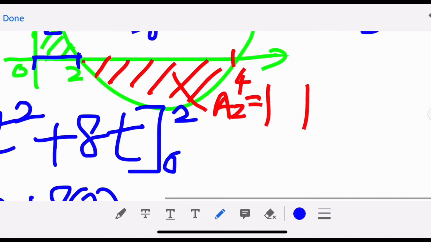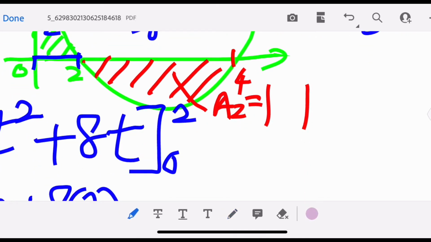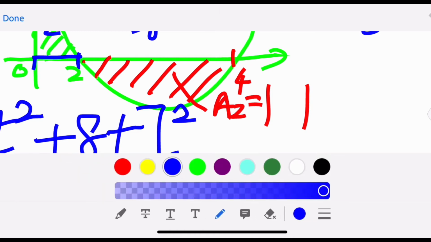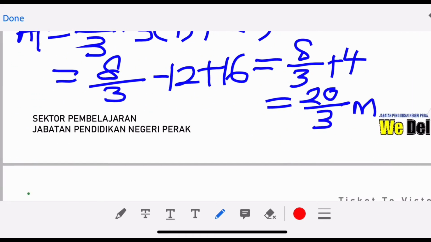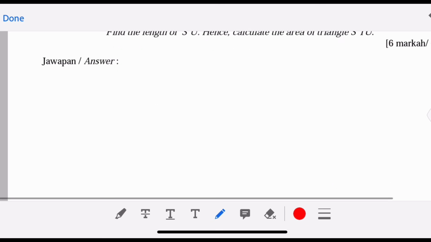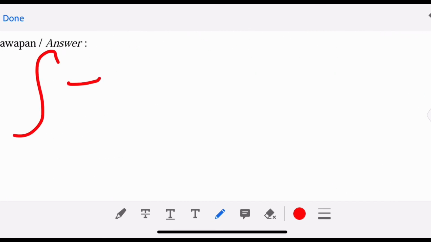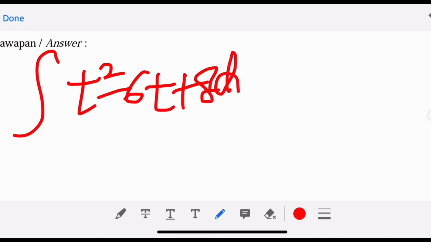And then for area 2, we have to integrate from 2 to 4 for this part. So let's integrate t squared minus 6t plus 8 dt from 2 to 4.